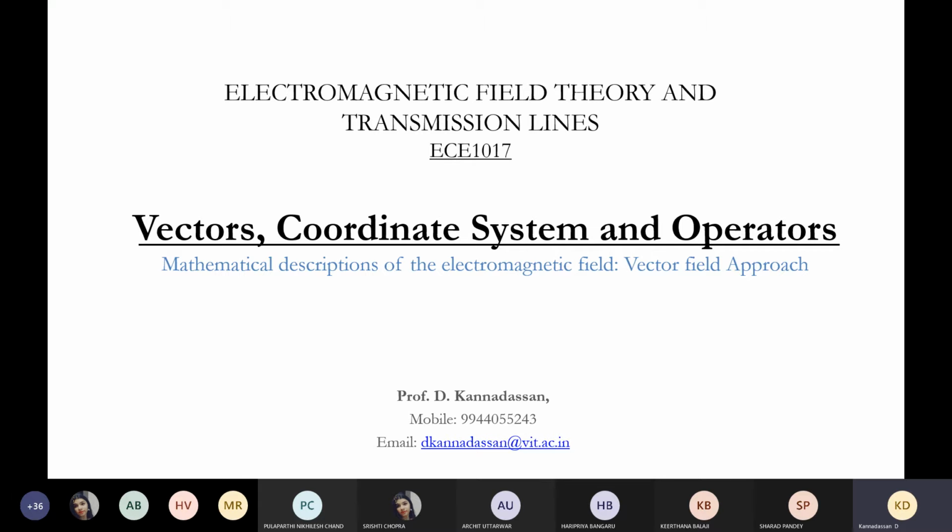When you learned vector calculus and coordinate systems last, in school or in the first year, did you study anything else about vectors? Actually there is no topic on vector calculus or coordinate systems in your syllabus. They directly start with electrostatics. So should I spend time on it or not? That is the question.